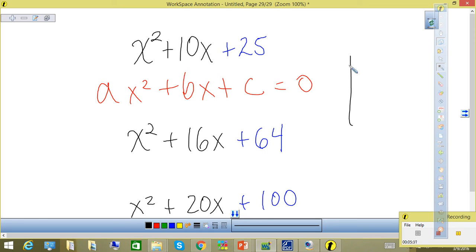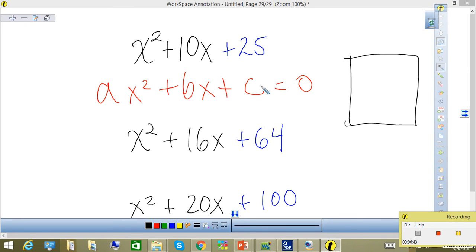How can I explain the pattern of completing the square using some terms from here? Knowing this, how can I complete the square for any trinomial using this terminology here? Talk it over with your neighbors, please. Go.